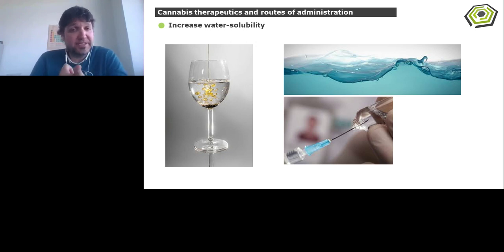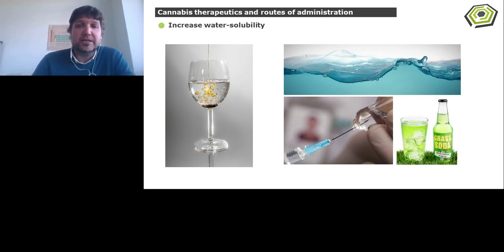And we will maximize the efficacy and bring down the adverse effects. And of course, at the end of the day, why not? We will be able to enjoy cannabis flavored soda if that's what appeals to you.